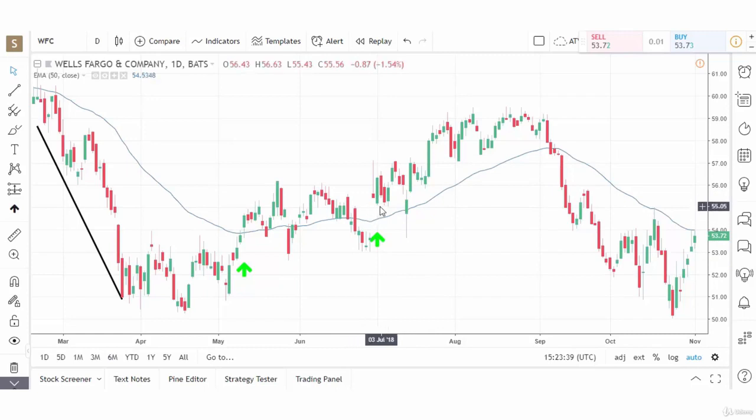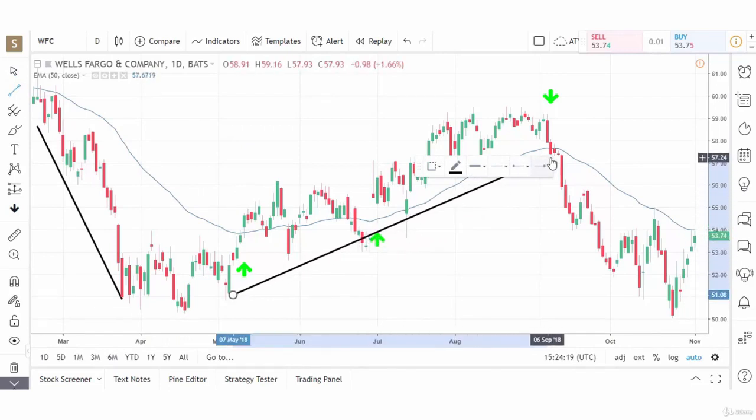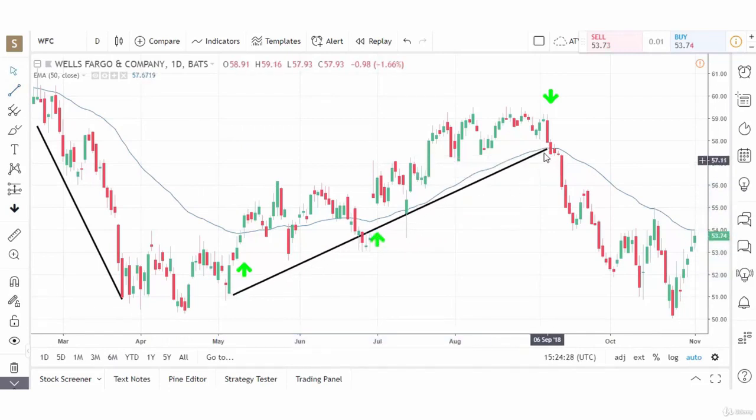And we get a move from around the 55 level up to around 59 before the stock gives us a sell signal here in September, and then Wells Fargo moves to the downside. So we can see in the uptrend, the stock is generally above the EMA, and then as the stock crosses to the downside, we get a downtrend in the stock.